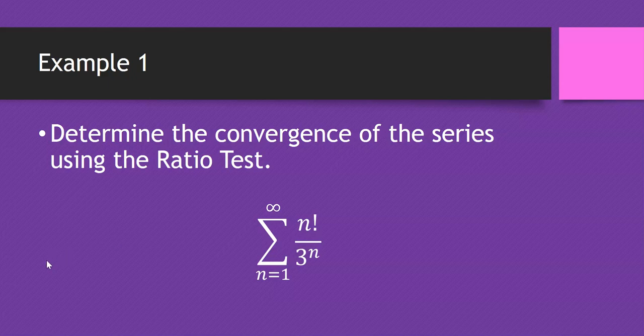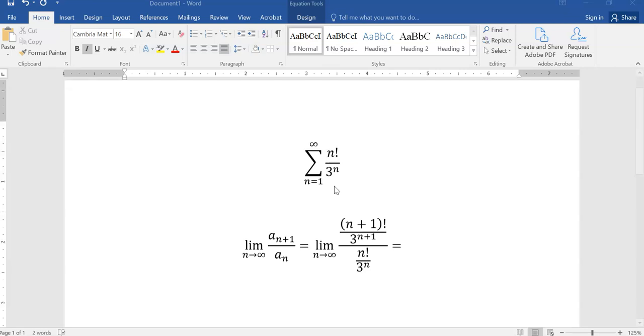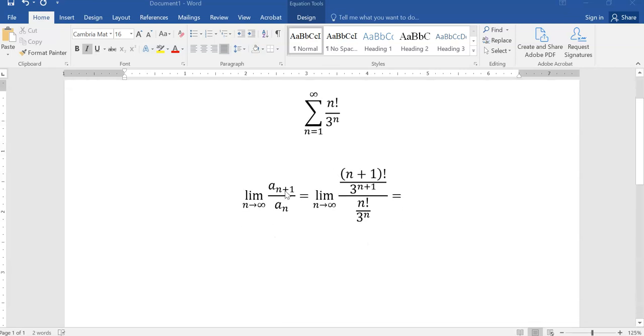We would take this underlying sequence, n factorial over 3 to the nth power, and take the n plus 1 term. If you plug in n plus 1, you get n plus 1 factorial in the numerator, and in the denominator, you get 3 to the n plus 1 power.